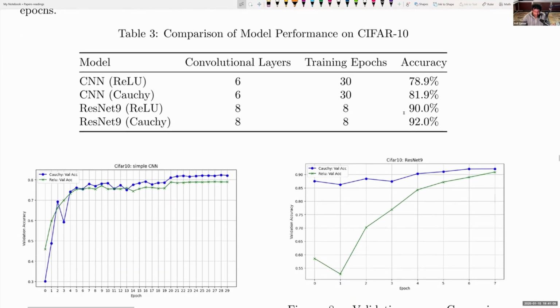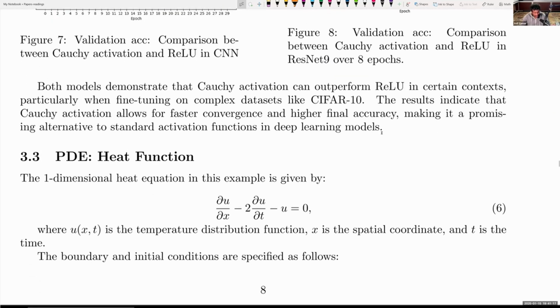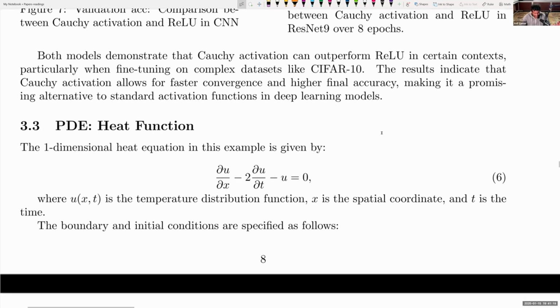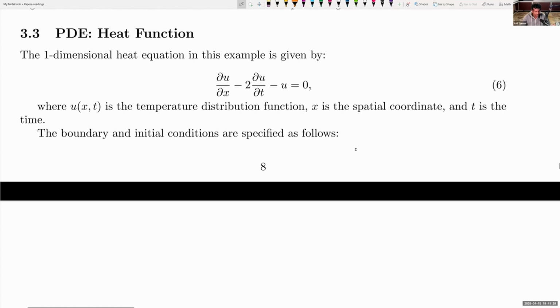You get better accuracy. Here you can see the results: ReLU is 78.9% accuracy, and Cauchy is better than that. So basically, in all the neural networks that we know, you can do this drop-in replacement, and you can get a slight boost to your accuracy and a much faster convergence also.